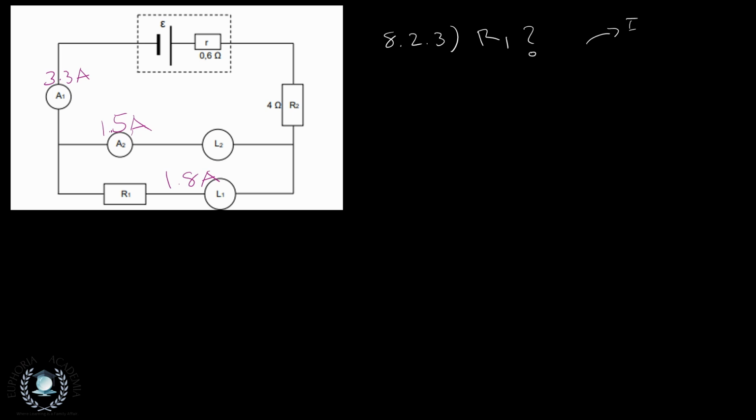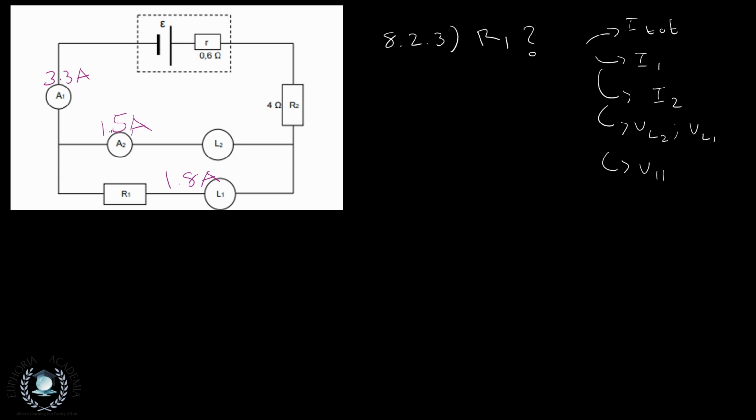So we know the total current, we know I1, we know I2. We know the voltage across L2, we know the voltage across L1, and we know what the parallel voltage ought to be.